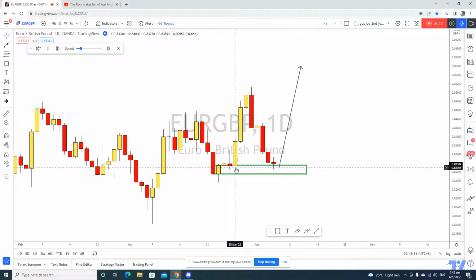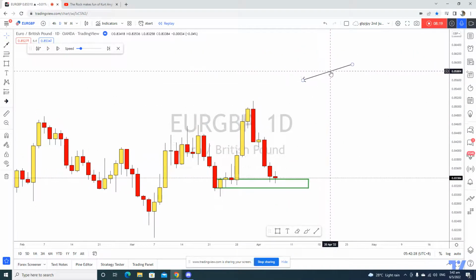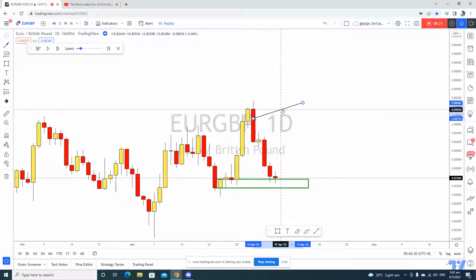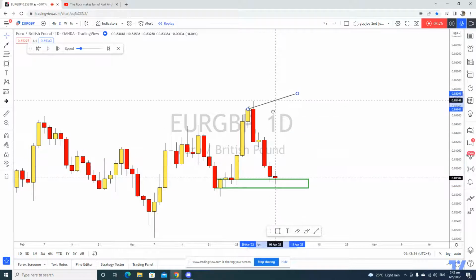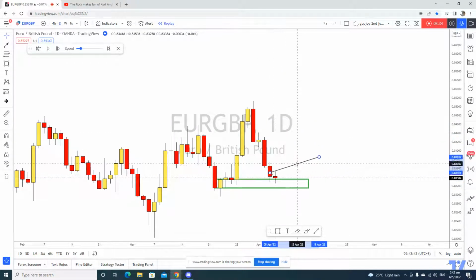There is a support. It's a previous demand. Yes. However, the problem is you are not looking at this push. This push immediately cancels out whatever sells there were here. It is bound to break past this previous support here.